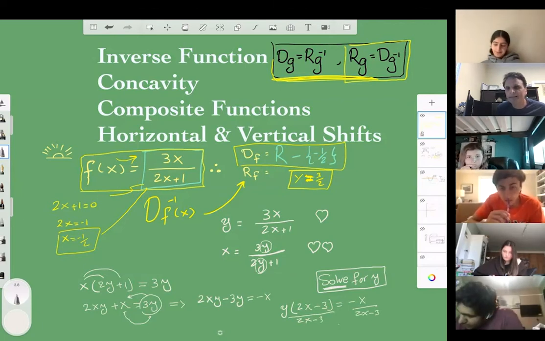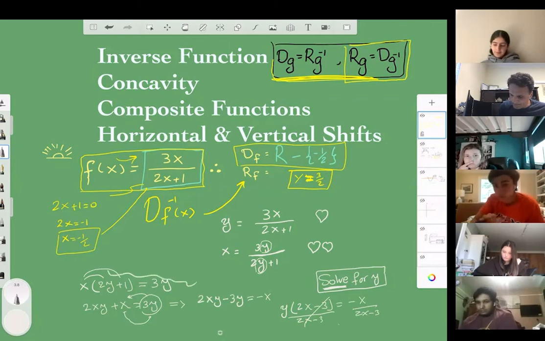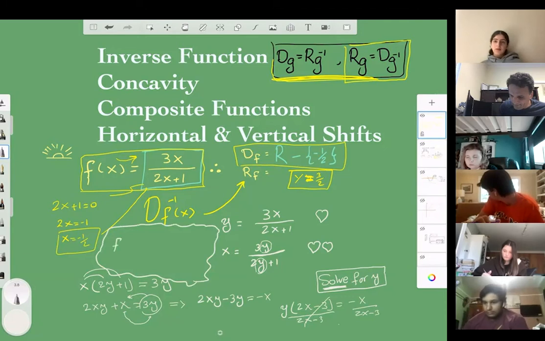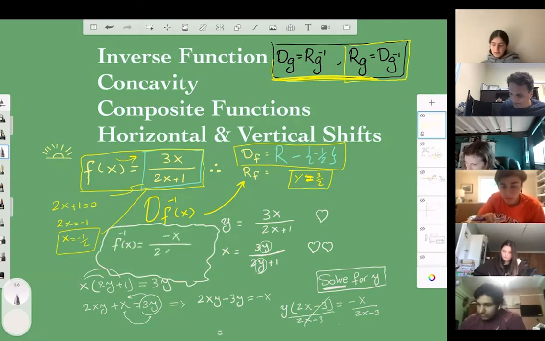We get something that Lindsay got. So we find the inverse. F inverse of x becomes negative x over 2x minus 3.